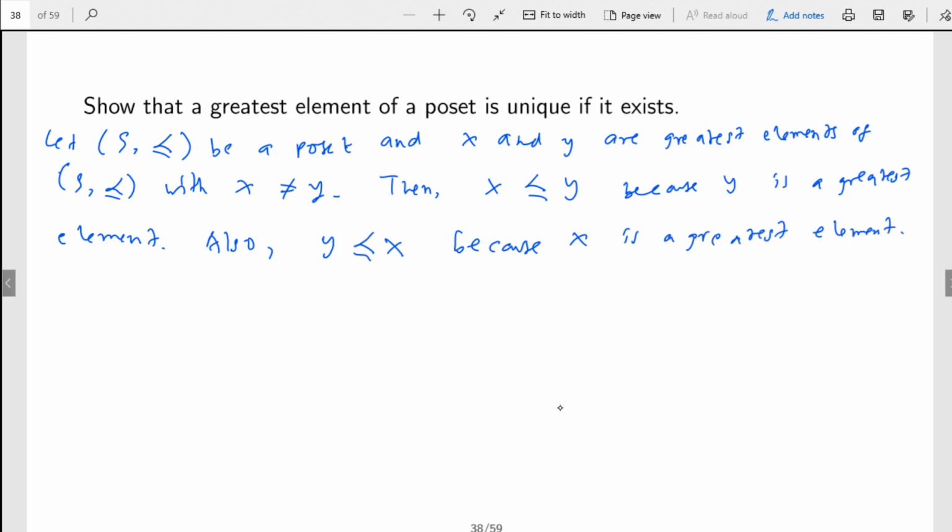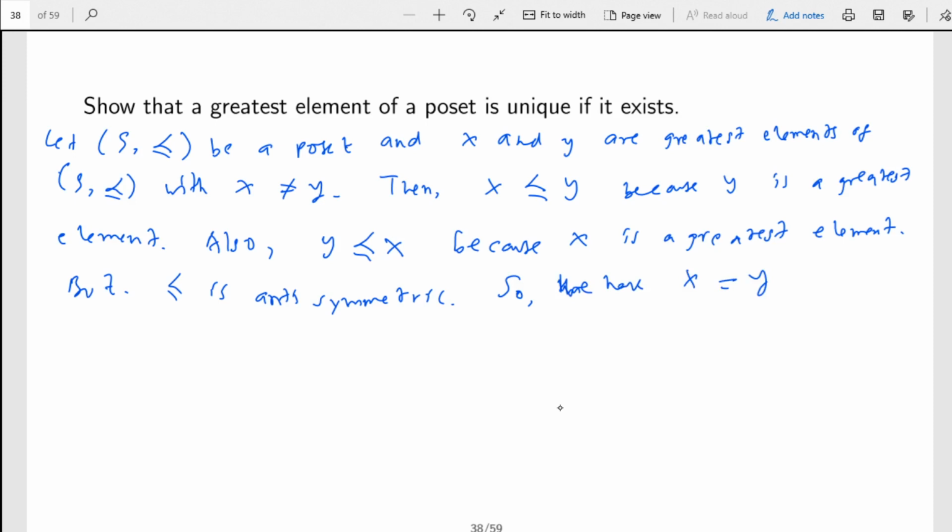Right? But the relation in a partial order is antisymmetric. So because the relation is antisymmetric, this implies x is actually equal to y.